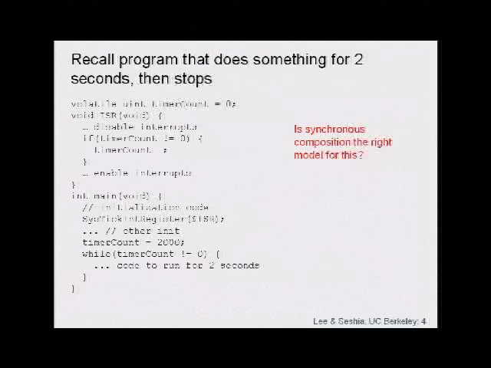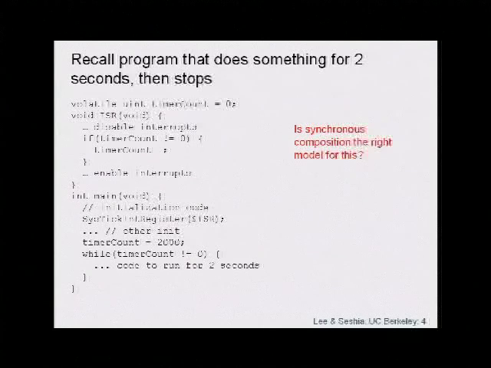So what form of combination should we use? Would synchronous composition work here? No, I see some head shaking. Yeah, Nima? Okay. If you're synchronous, they need to happen at the same time. So if we went with synchronous composition, it would mean that the state machine for the ISR and the state machine for the main function would make simultaneous transitions.